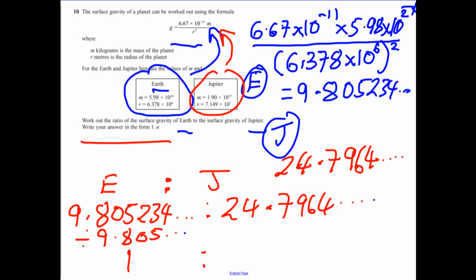So if you do the same to this side, divide it by 9.805 and the rest of the number, you end up getting 2.52889. So I'm going to round it to 3 decimal places, right? That seems sensible.